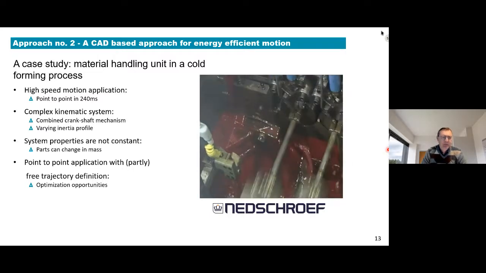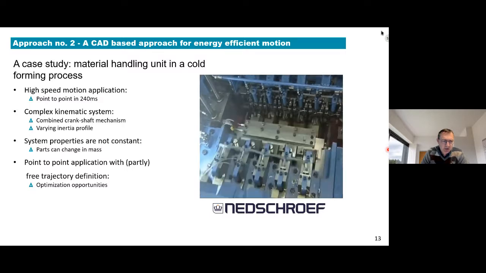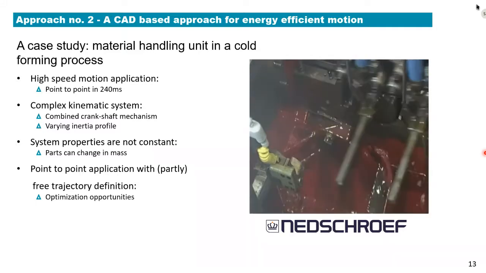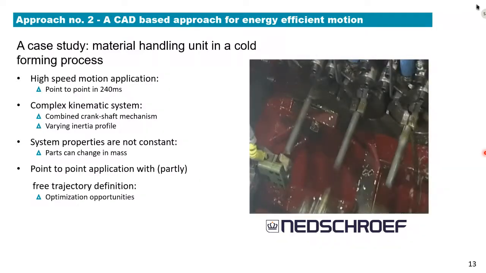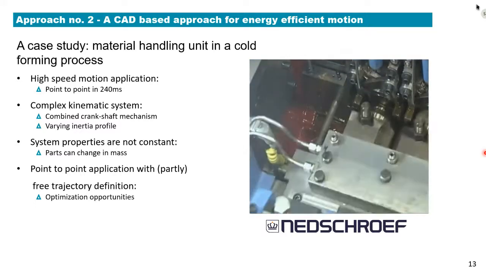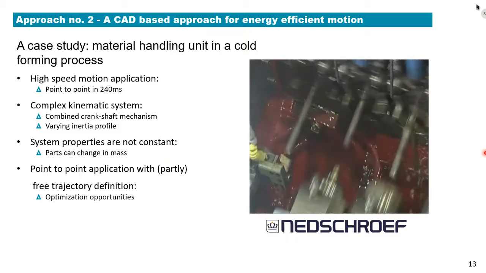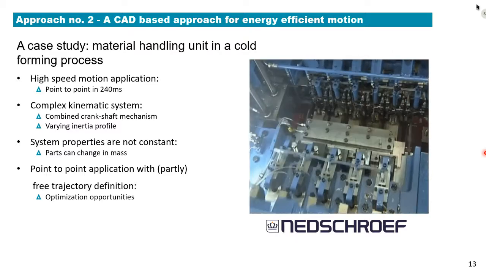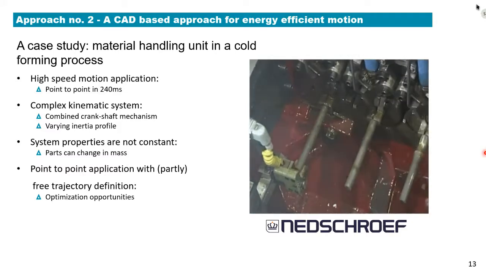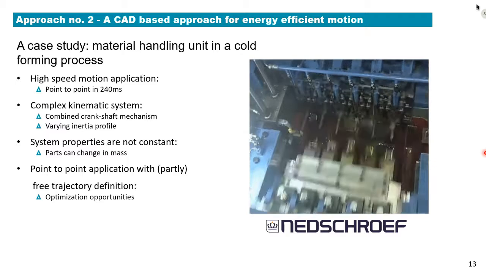It's a crankshaft mechanism with an inertia profile that changes, and knowing that inertia profile is key in optimizing the energy consumption of this motion application. In this application, it's also possible that the masses that you move are changing. If you have another product running in that application, you also want to know this impact of mass change. So let's see how we dealt with this.